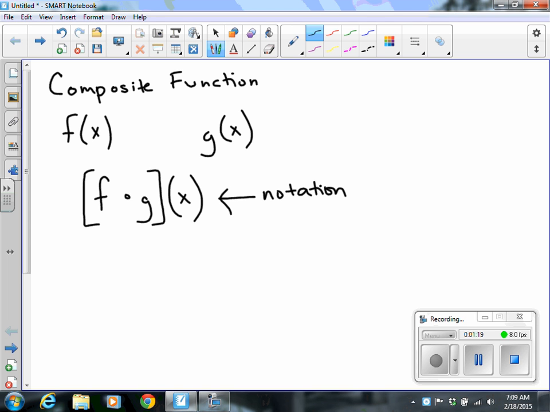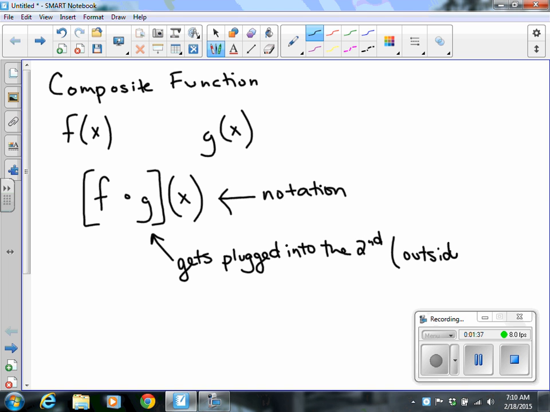That g of x is going to come into the f of x. So it gets plugged into the second, or the outside, function.